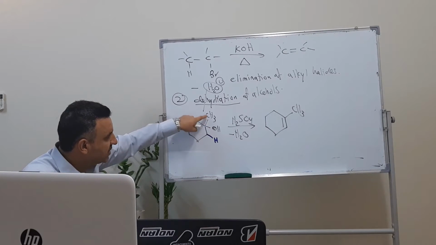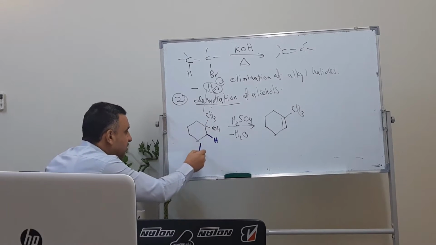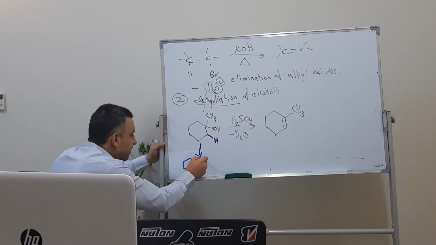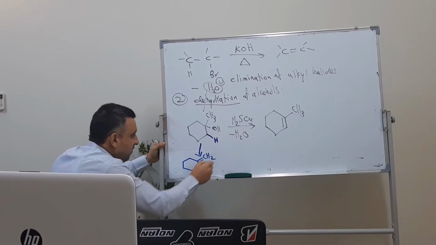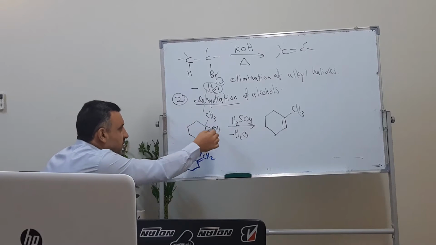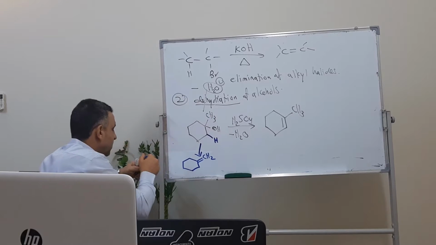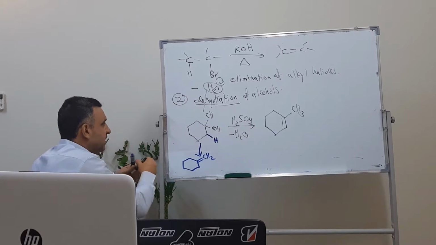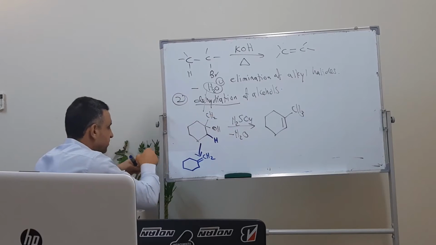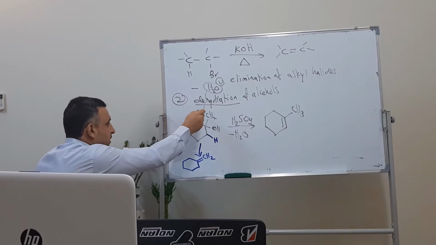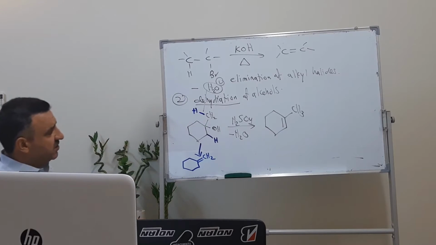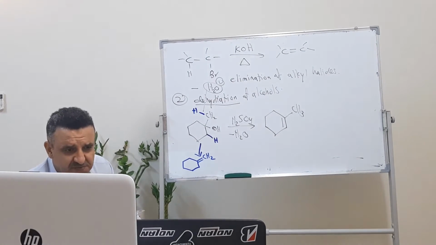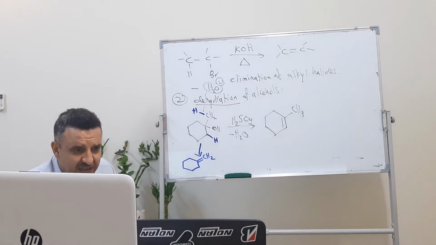It can also make the double bond in here. In other words, why not? It should form, for example, this alkene, with the removal of the OH and one hydrogen from this carbon. Do you follow me? Sometimes for this reaction, there could be different possibilities for the removal of the hydrogens.